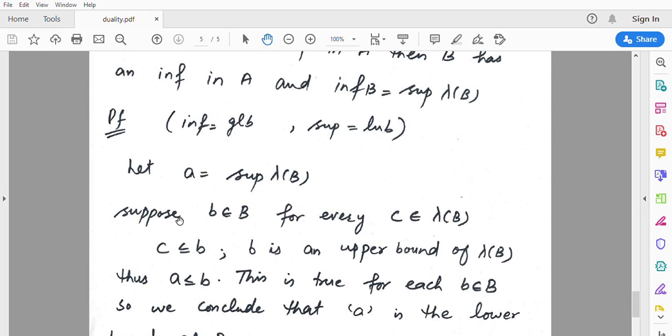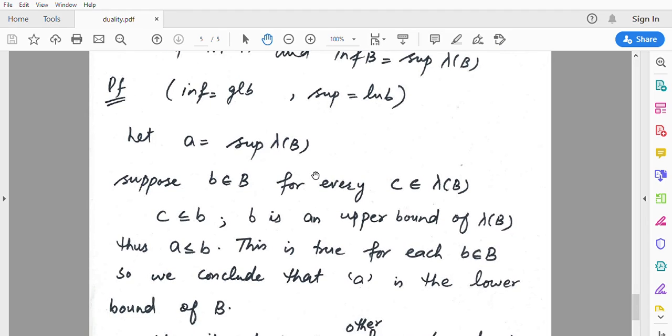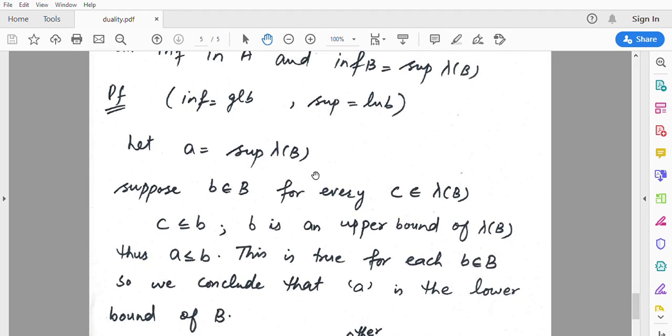If we can prove that A is equal to the infimum of B, then we are done with our theorem, because if the left hand side is equal to the right hand side, then it follows that the infimum of B is actually equal to the supremum of lambda of B. So our target is to prove that A is equal to the infimum of B. It means that A is equal to the greatest lower bound of B.